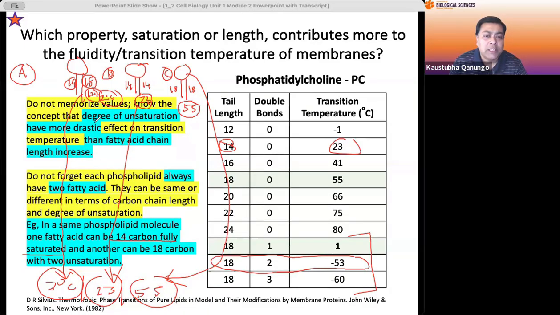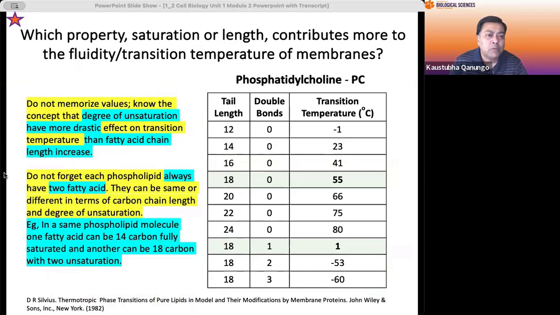So that's how you consider those 3 different types. And this is a typical type of question that we ask. And again, remember that these numbers don't mean anything. You do not have to memorize those. Just remember that the degree of unsaturation has the most drastic effect compared to the length of the carbon chain. And based on that, you can predict which will have a higher or lower transition temperature.